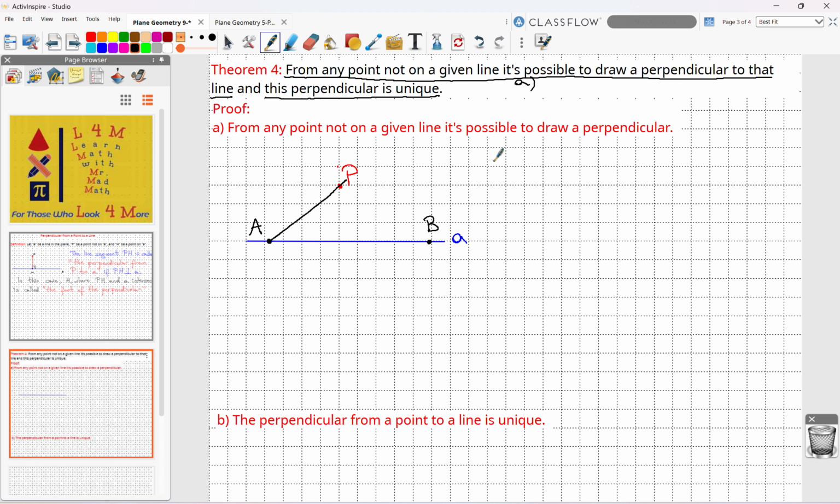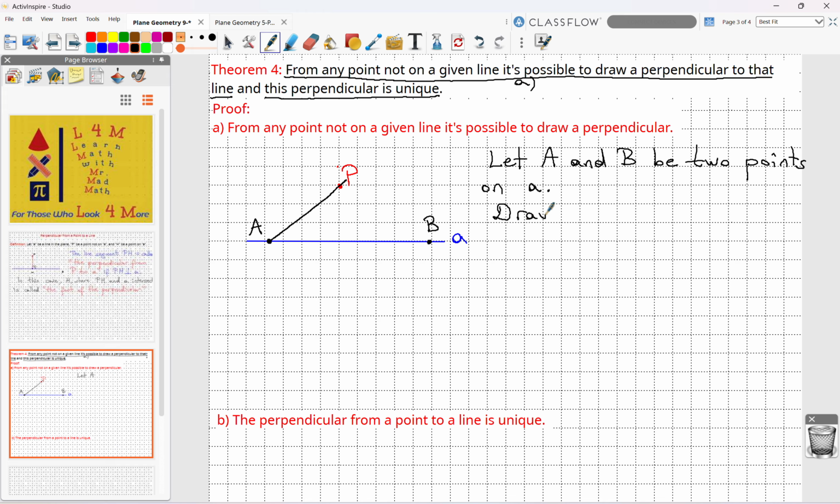Okay, so let me write it first. Let A and B be 2 points on the line A. Draw the ray AP.